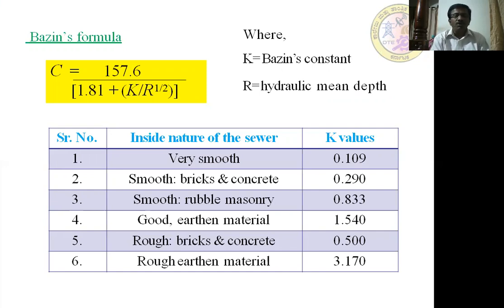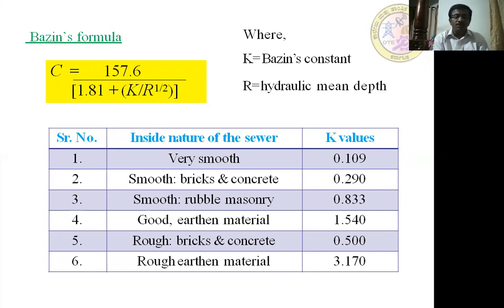Once again, the value of K mainly depends upon the type of material used as well as roughness and so on. So in this table, some values of K are given depending upon the type of material used. For a very smooth surface, it is 0.109. For bricks and concrete with smooth surface, it is 0.290. For rubble masonry, if the surface is smooth, then it is 0.833.